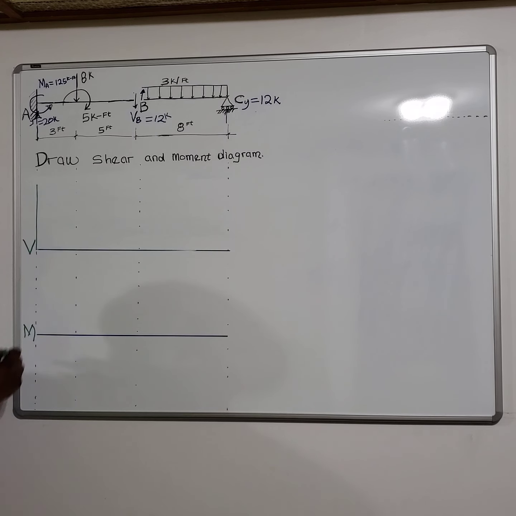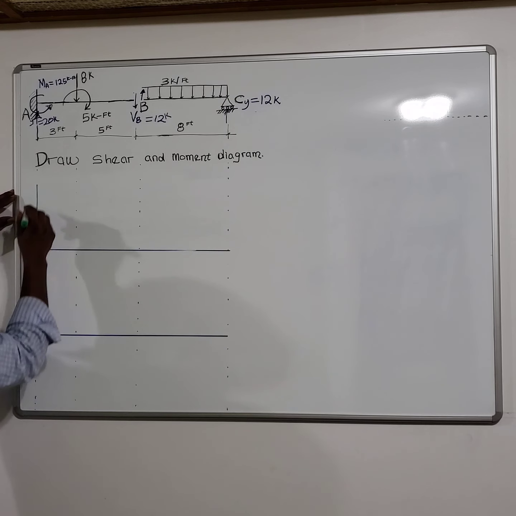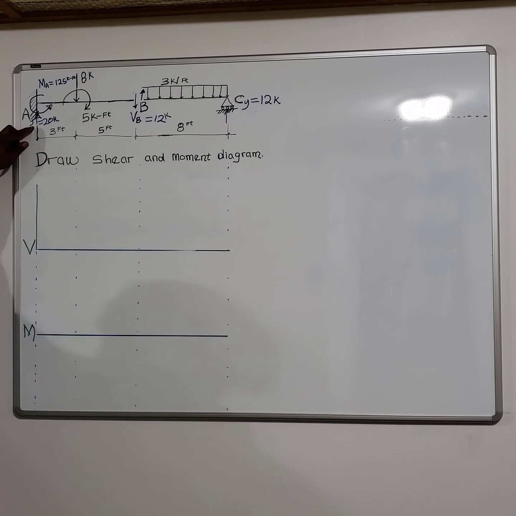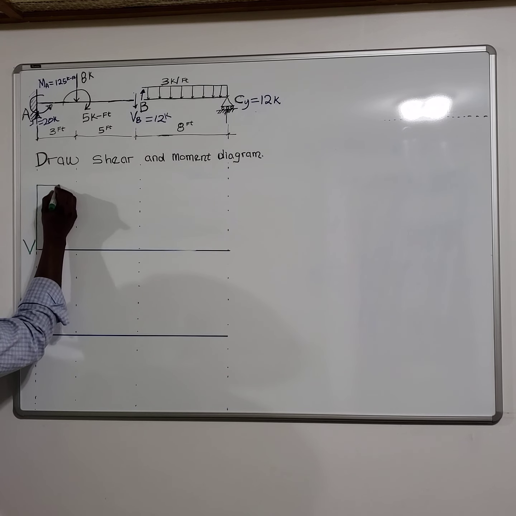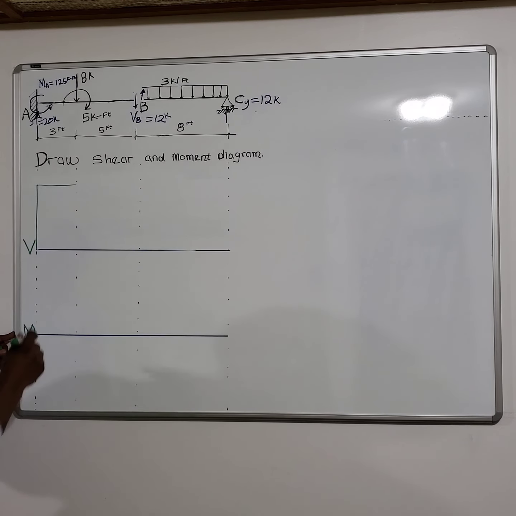We are really not scaling this, so we just eyeball it. So this is 20 kips, and from that point you move along the beam. There's no other force from here until you get to the 8 kip force, which acts downward. So you just go horizontally. There's nothing here.